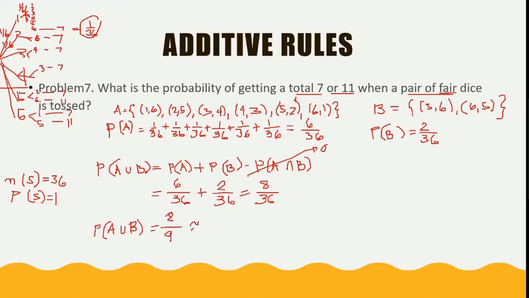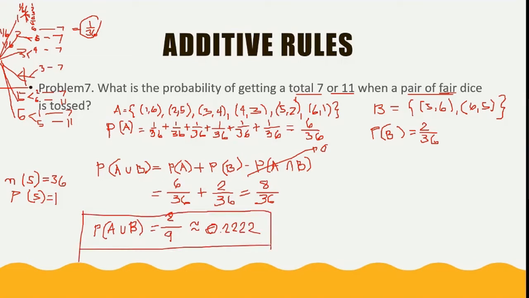If we get the exact value of this, we'll get 0.222. So this will be our final answer.